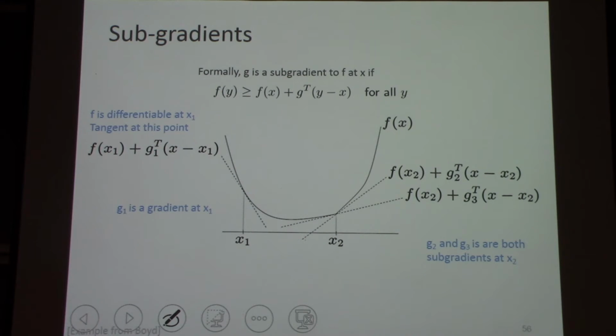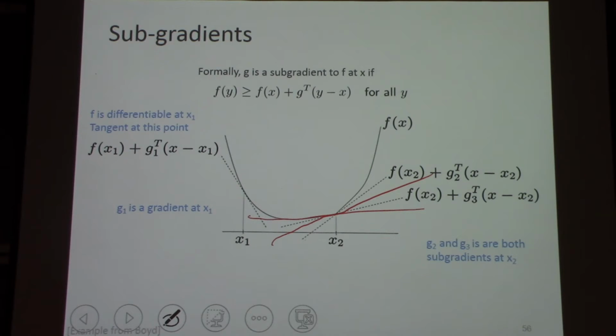At x2, on the other hand, something interesting happens. We can draw not one but an infinite number of lines that satisfy that property. This picture has two, but I could draw more. The subgradient at that point x2 is the slope of all those lines, or hyperplanes. Okay?